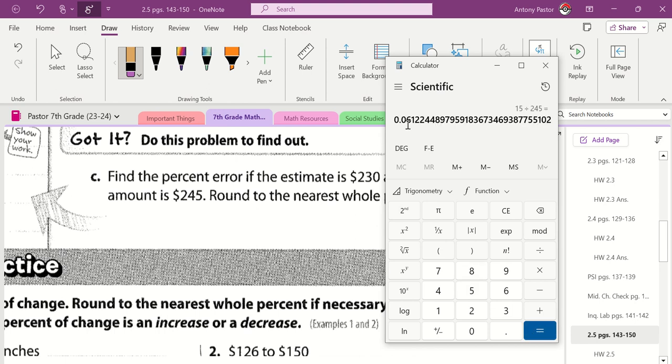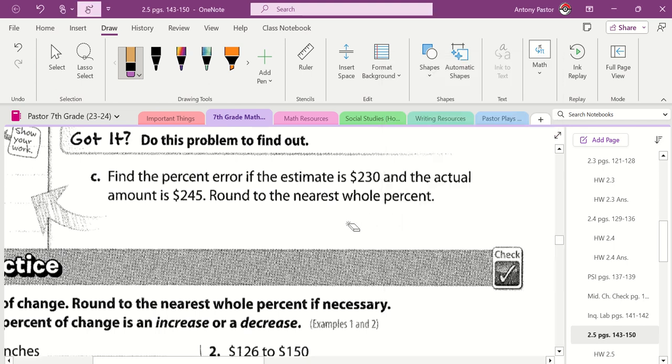That gives me 0.0612244. Decimal will jump twice to the right, so this will give me 6. The next number is 1, therefore it'll stay at 6. So this is a percent error of about 6%.